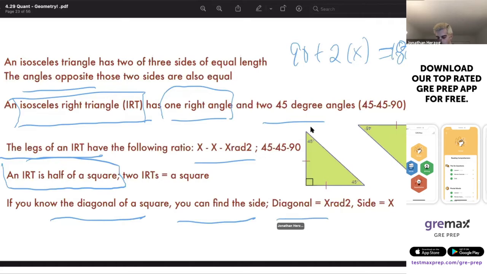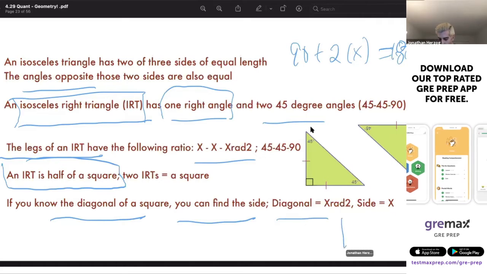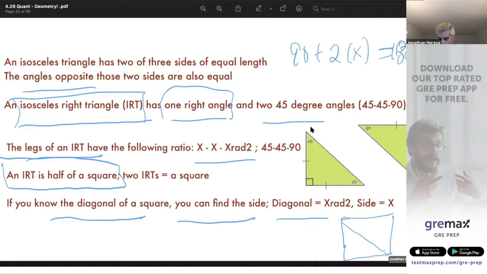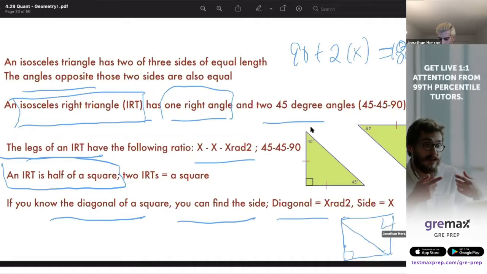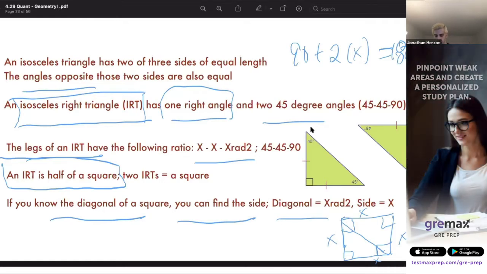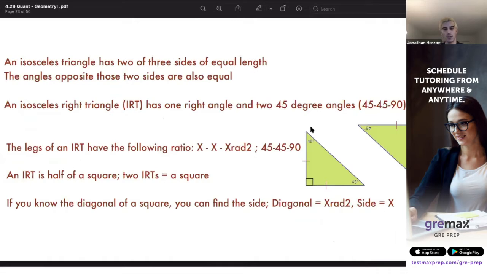The diagonal, when you put these two triangles together, is going to be the side times the square root of 2, because it's composed of two isosceles right triangles. So as you can see, there aren't even that many rules, aren't even that many frameworks, but they just get repackaged and repurposed in lots of different ways to make it seem like it's something new, but it's not.